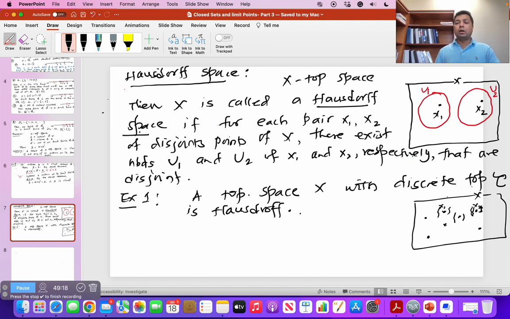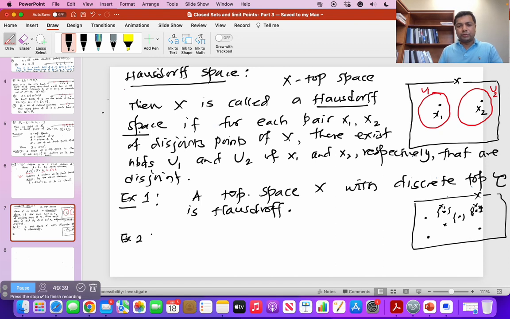So if you take a topological space with the discrete topology, then that topological space is going to be a Hausdorff space. So you can see that the Hausdorff property depends on the topology. So this is an example of a Hausdorff space.